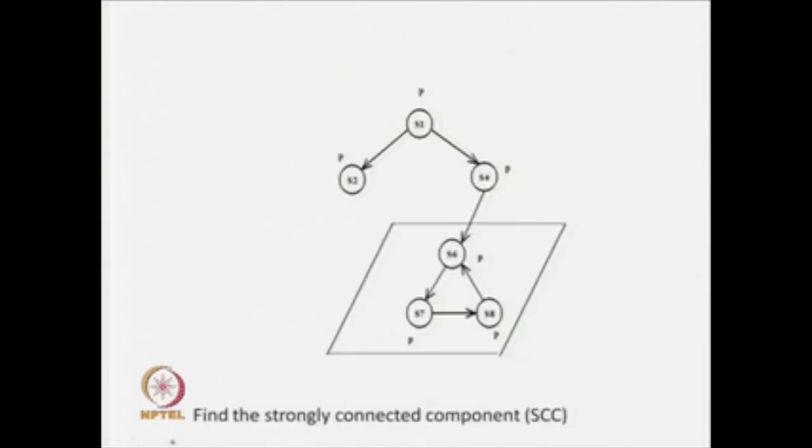Now, next we are going to find the strongly connected component, and what is a strongly connected component? It is the maximal region where we can reach each state from any other state. So, if you look into this particular state space, you get this particular portion as a maximal strongly connected component. Now, it has states S6, S7 and S8.